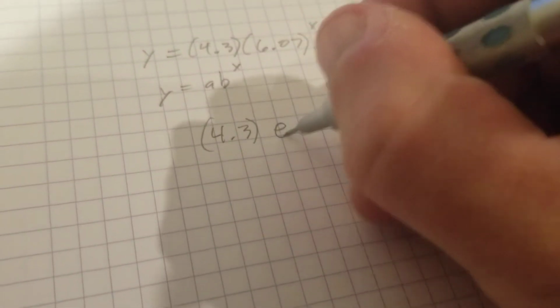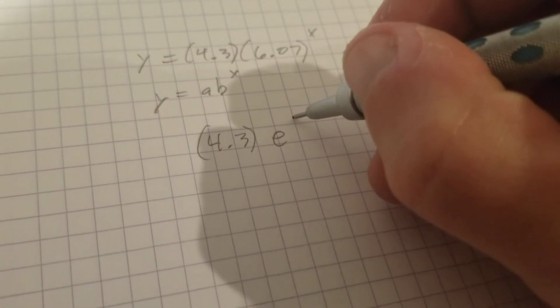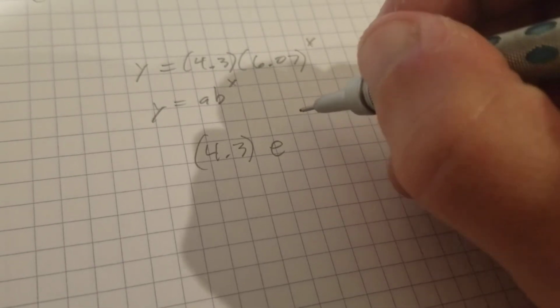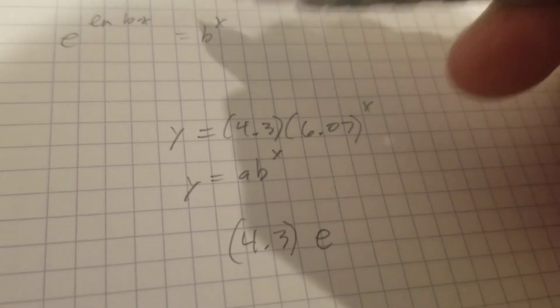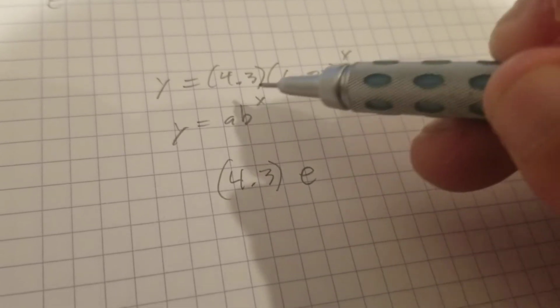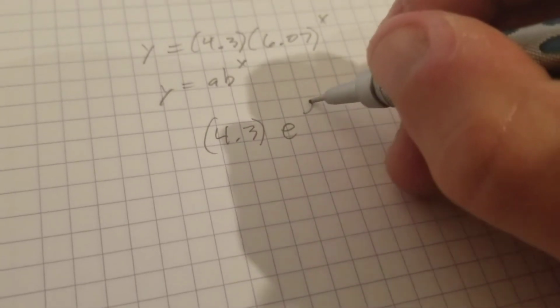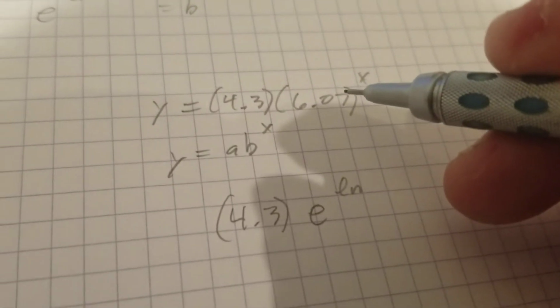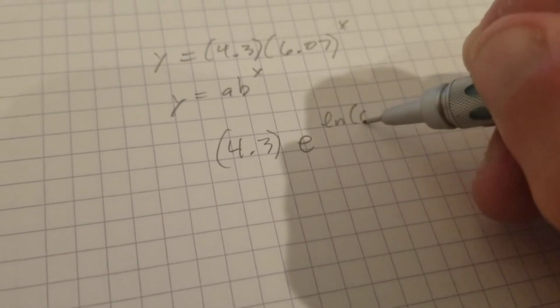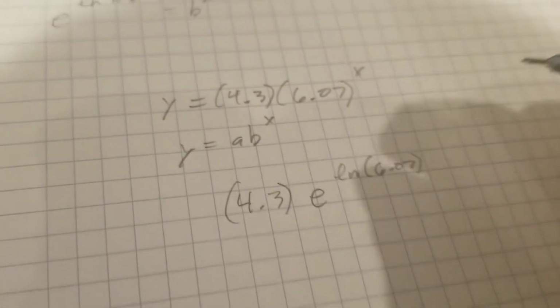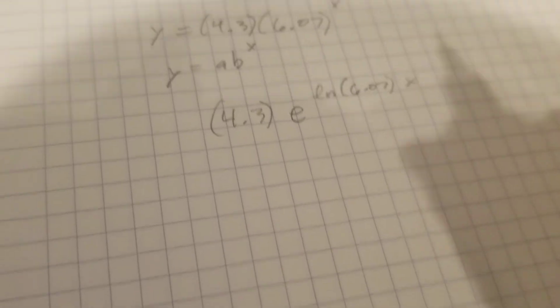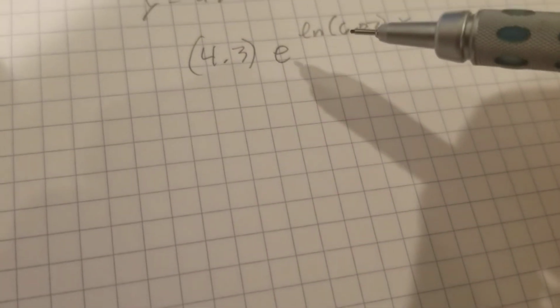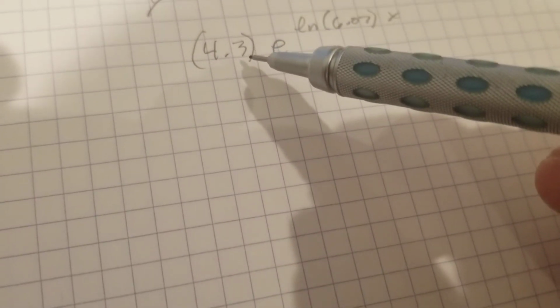We've got e, and then our b right here. This is b. So we've got e to the ln b, in our case ln 6.07, times x.